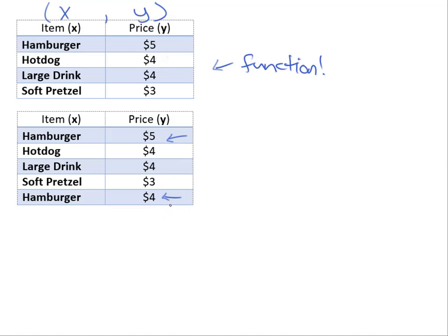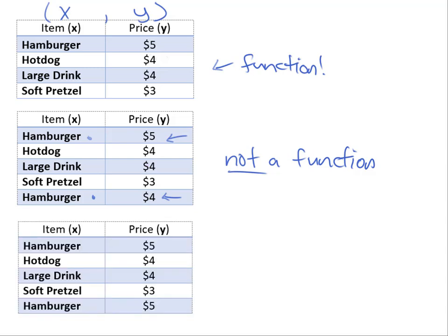No, right? We'd say something's not functioning there. And in fact, for this one single input, the same input of hamburger, we have two different outputs, two different y values. This is not a function. Okay, so for any given item or input, there should only be exactly one output. So let's take a look at one last example here.